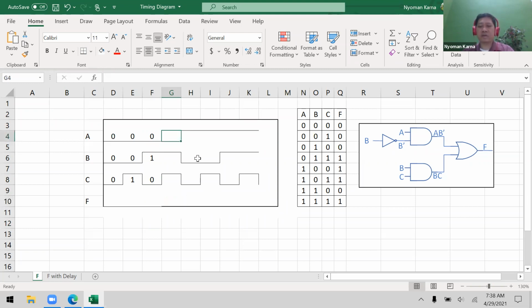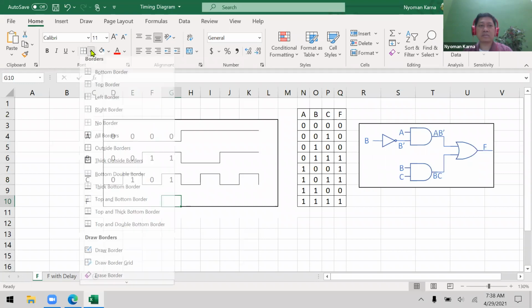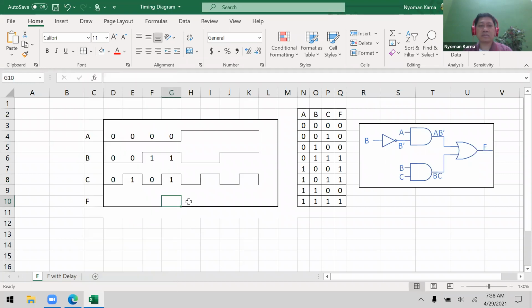Now the fourth combination is 0, 1, 1. 0, 1, 1 will create an output of 1. So this will become 1.